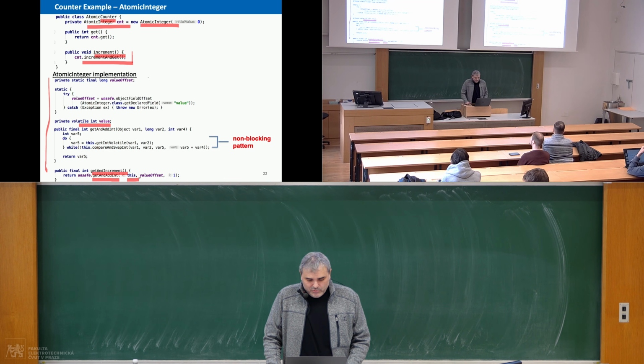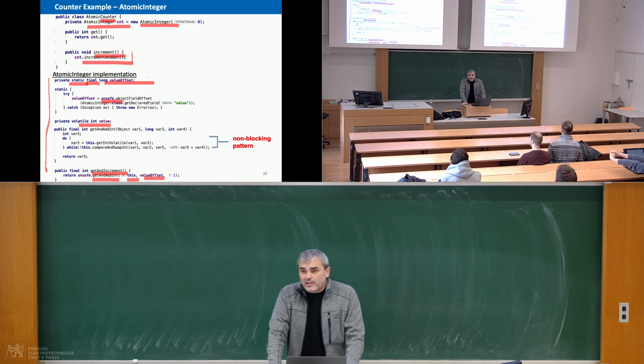This is a reference to the instance of the object. This is the value offset of the field inside the definition of this AtomicInteger. The value offset is static because it's the same for all instances. It's a long, and again, it's using Unsafe.